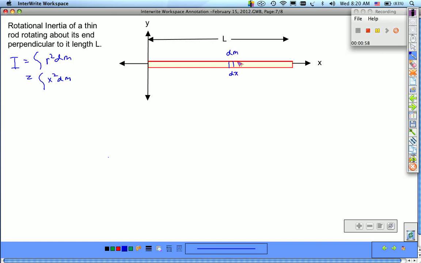If you remember, mr squared is the equation for the rotational inertia about some axis due to a point mass. Think of this rod as a series of point masses. We could use the method of exhaustion and slice this up 100 ways, 1,000 ways, 1,000,000 ways, but there's an easy way to determine the sum of all these little masses, and that's the integral.